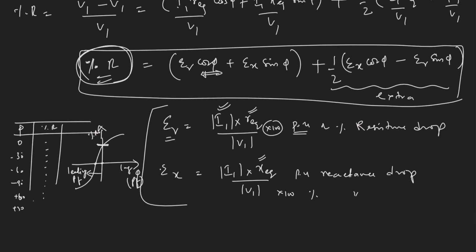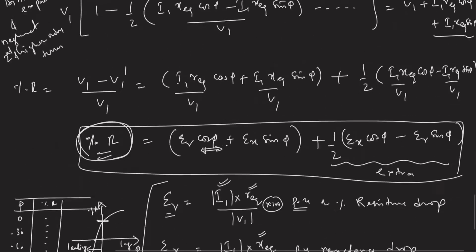So zero regulation occurs only at some finite leading load power factor. If the load is capacitive in nature, then there is a possibility of zero regulation. Otherwise it is always a positive regulation, which means the primary side voltage is always higher than the secondary side voltage.